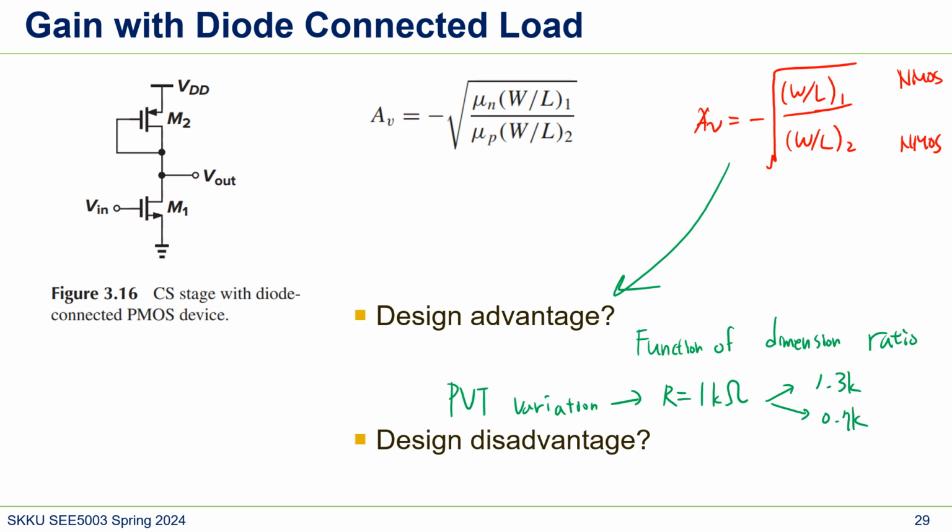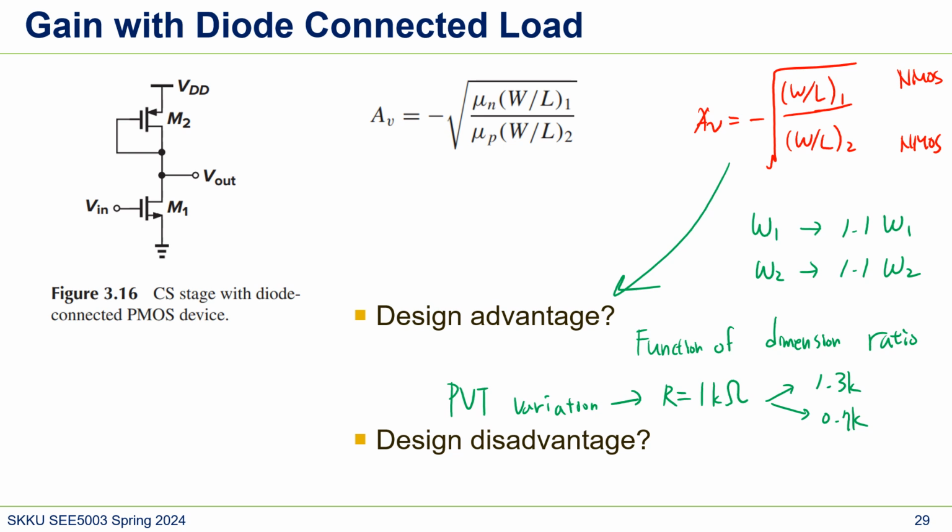For example, if W1 actually becomes 10% larger, the good point is that W2 also becomes 10% larger, because in layout those two MOSFETs are placed really close.